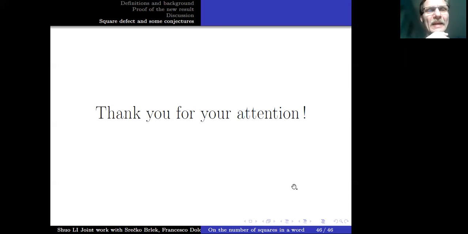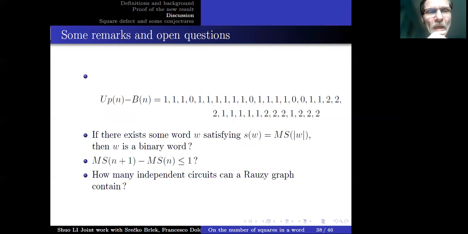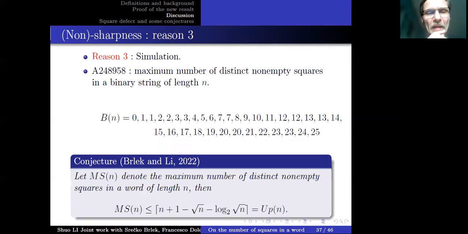I can maybe add one more question to your list. I can add such a conjecture. Suppose you have a K-ary word with the maximum possible number of squares for a K-ary word.